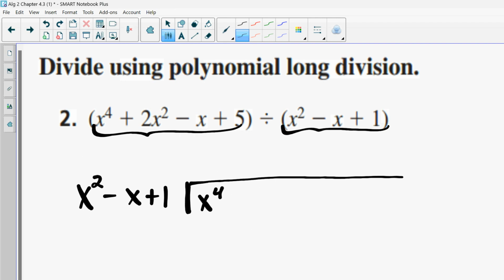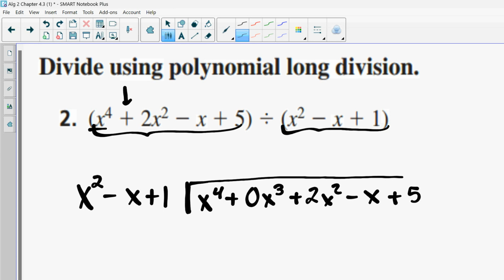If there are any terms missing, such as our x to the third, or x cubed, because we had x to the fourth, which means we need an x to the third, x squared, x, and our constant, we add them in with 0. So we do have our x to the fourth. Since we were missing the x cubed term, we put it in as plus 0x cubed. Then we have our plus 2x squared minus x plus 5.